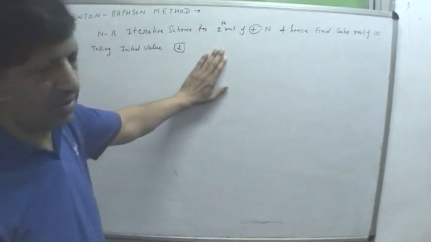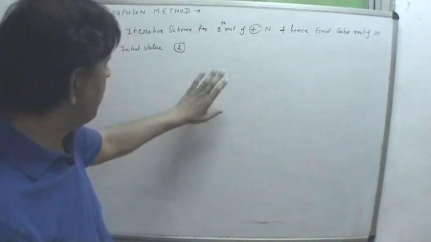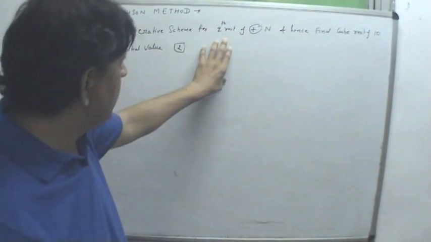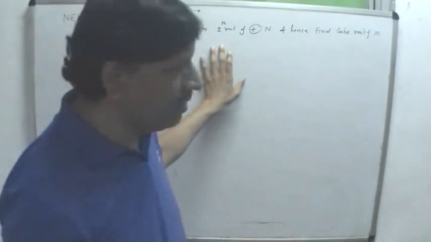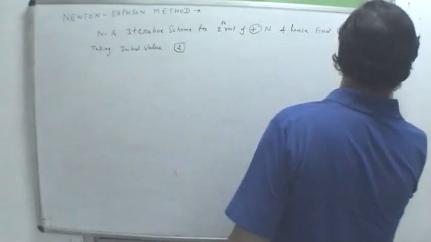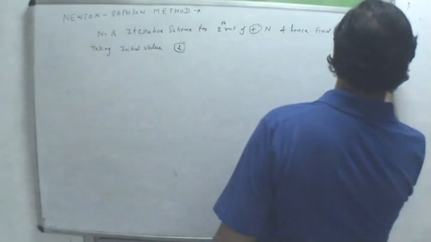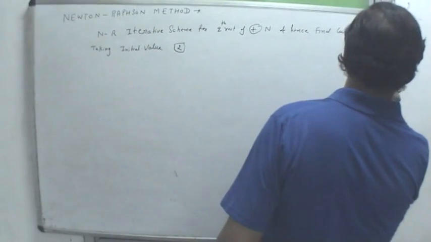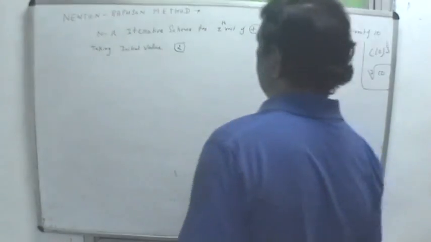In other words, we will generate a formula, and that formula can solve each and every problem like this. For the cube root of 10, we have to find 10 raised to the power 1 by 3, or sometimes written in this way.